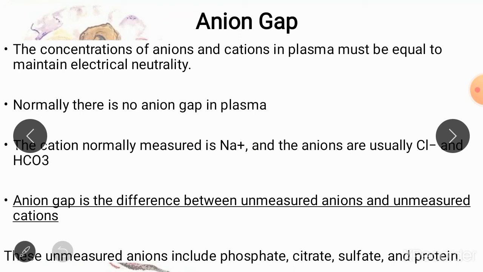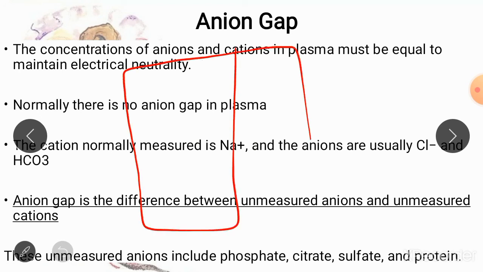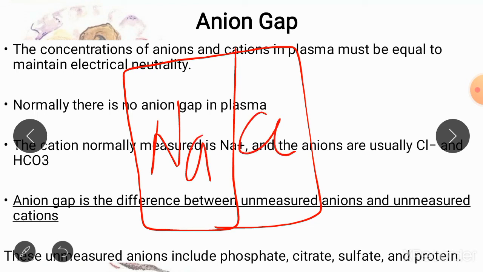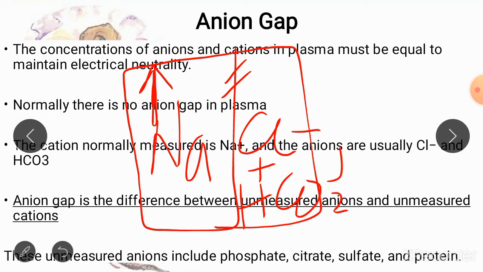According to our calculation, our sodium ions must be equal to chloride ions plus our bicarb ions, but studies have shown that they are not equal. Our sodium ions are way more in number than our chloride and bicarb ions combined.